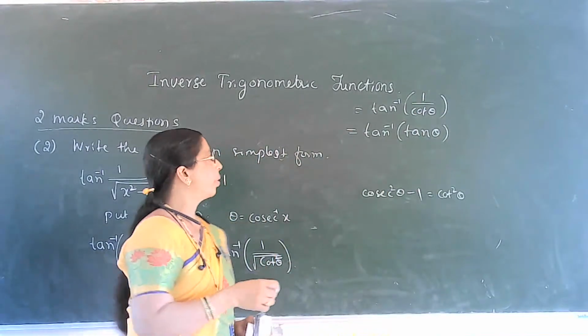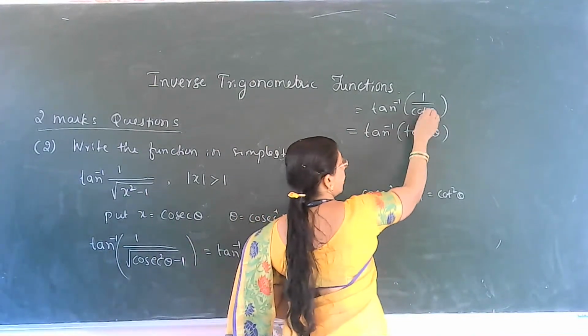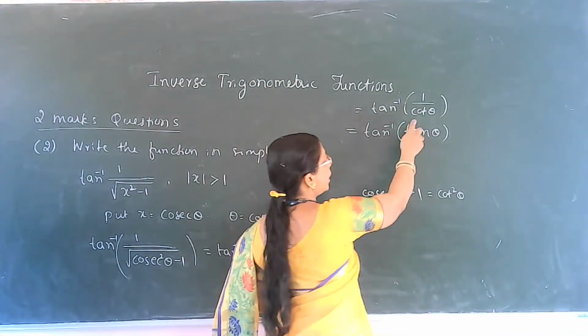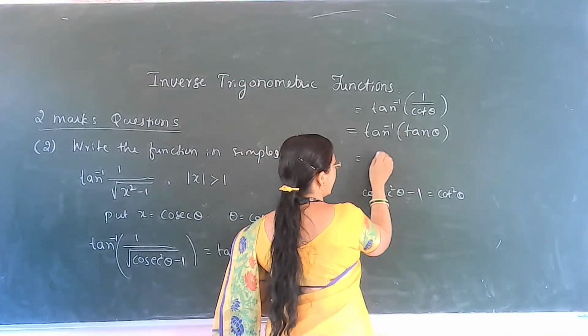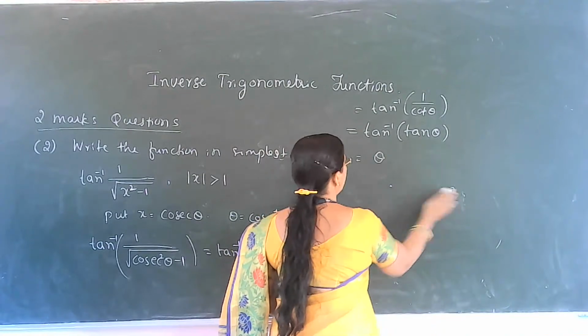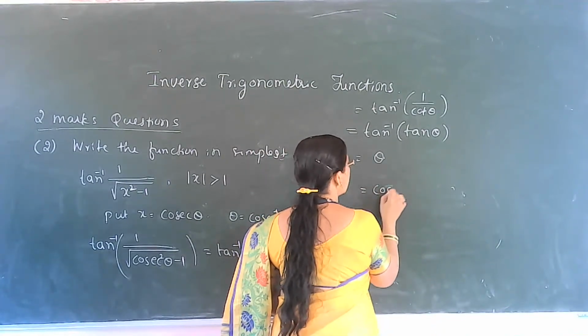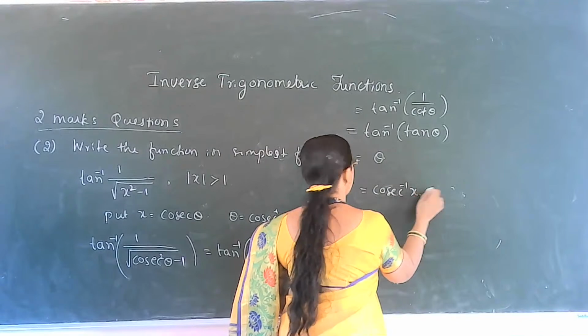Then tan inverse of the reciprocal of cot theta, which is tan theta. Therefore tan inverse can cancel. Therefore theta is equal to cosec inverse x.